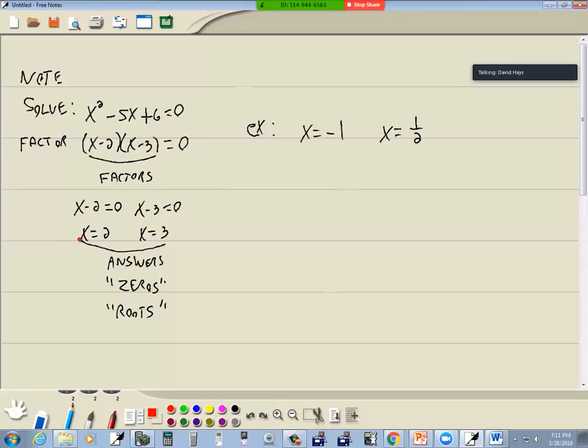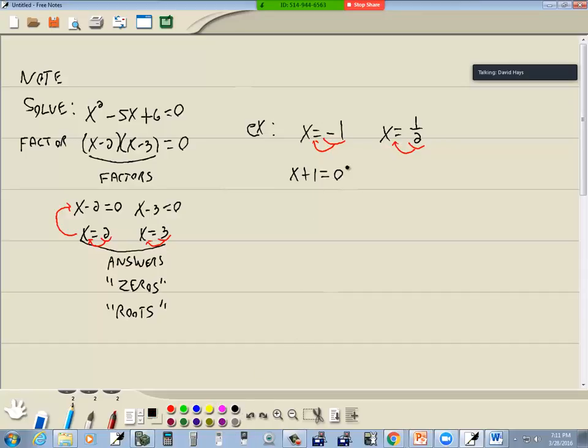Now, to go backwards, go from here to here, it looks like I'd take the 2 and move it on the same side as the x. Here I'd move the 3 on the same side as the x. So that's what we'll do here. I'll move the -1 on the same side as the x, and I'll move the 1/2 on the same side as the x.